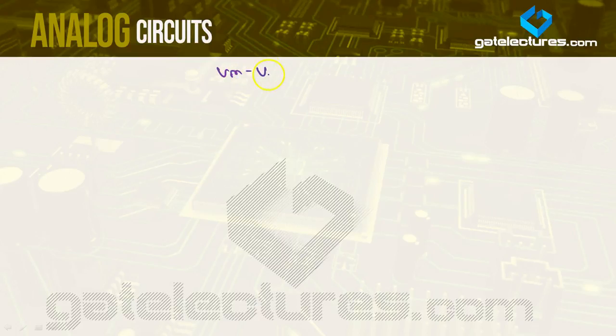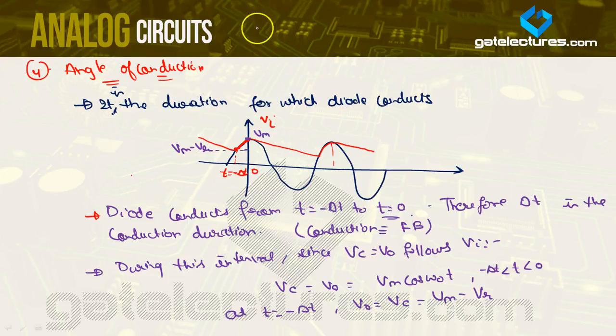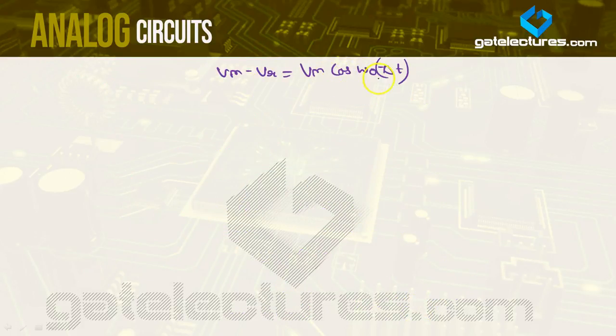So we can say that Vm minus Vr is equal to Vm cos omega naught delta t. Sorry, it is minus delta t, because at t is equal to minus delta t, Vo is equal to Vm minus Vr, which should be equal to Vm cos omega naught minus delta t.